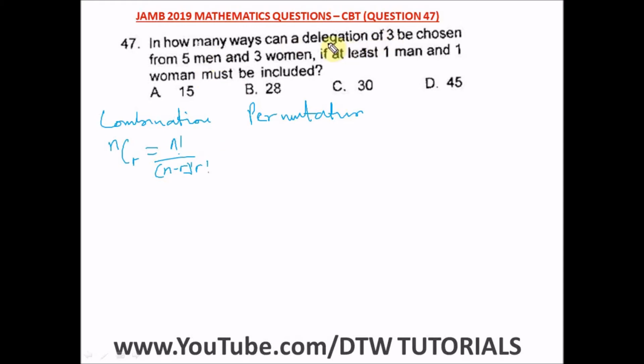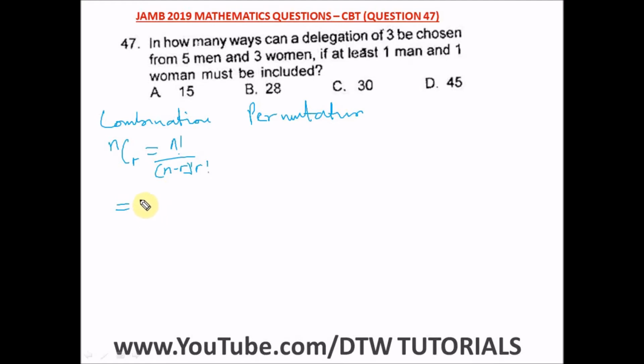We have a delegation of 3 to be chosen from 5 men and 3 women, if at least 1 man and 1 woman must be included.